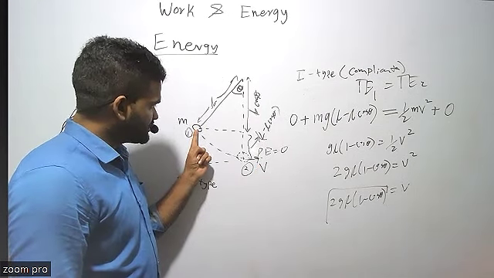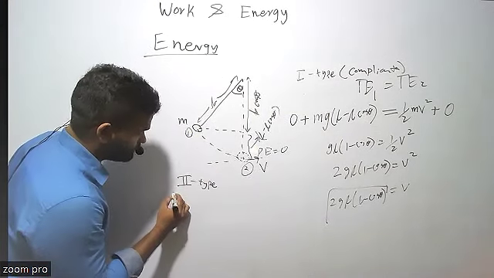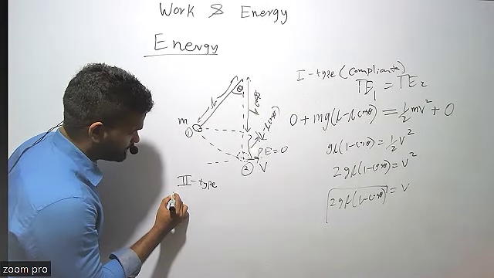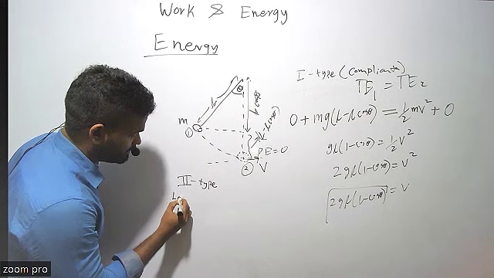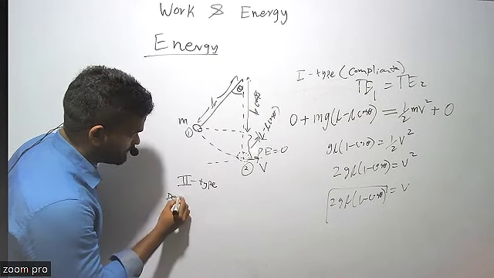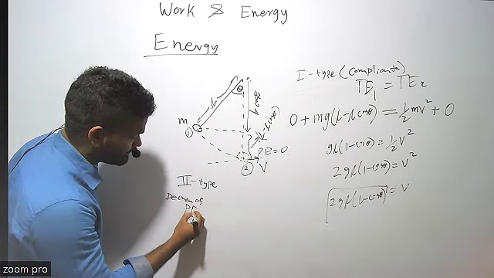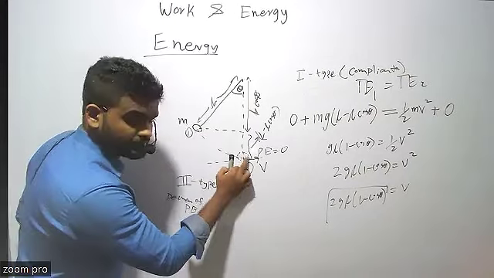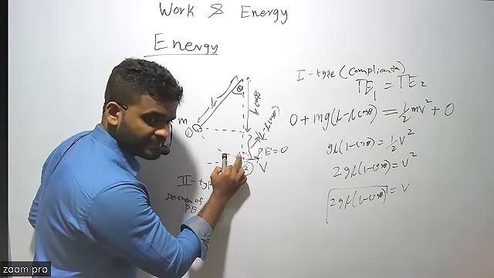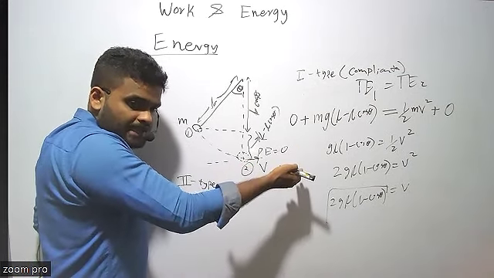So what's the loss of potential energy? Let's say the decrease of potential energy. As it reaches here, the potential energy decreased, and that potential energy converted into kinetic energy.